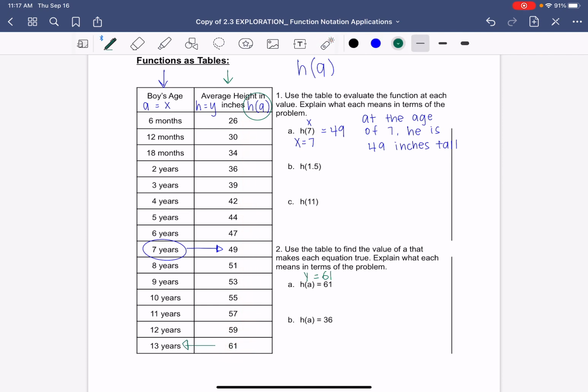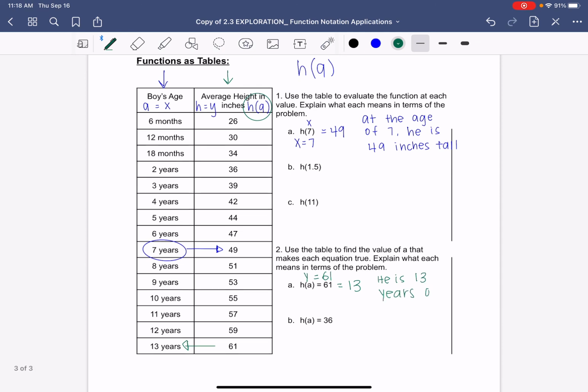So he's wanting to know how old he will be when he is 61 inches in height. So the answer is 13. So he is 13 years old at 61 inches.